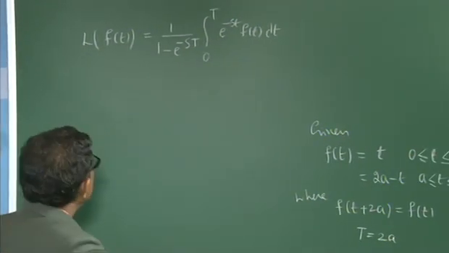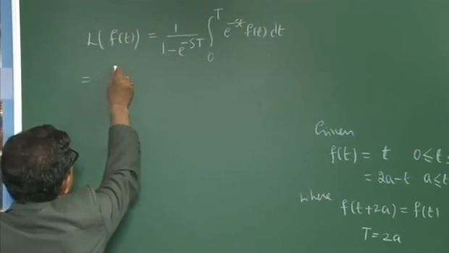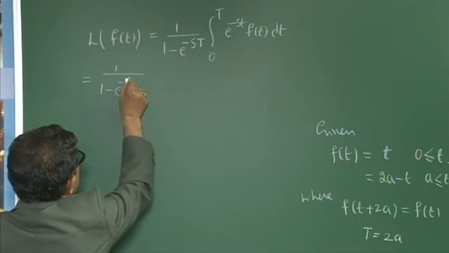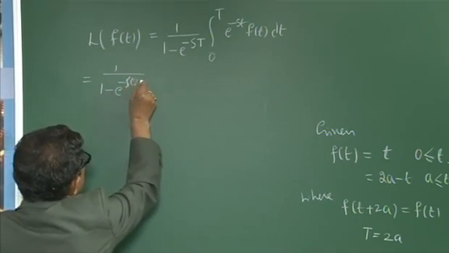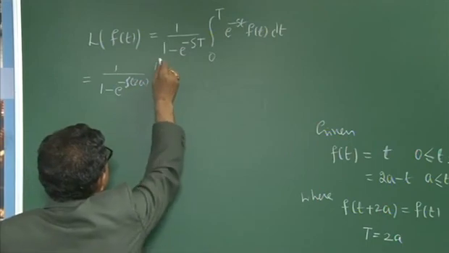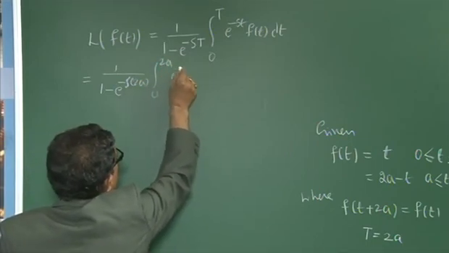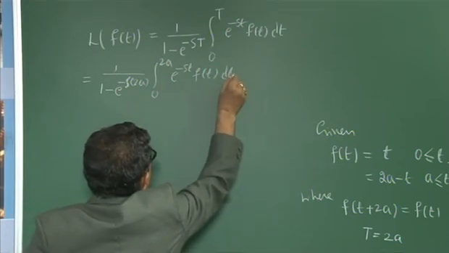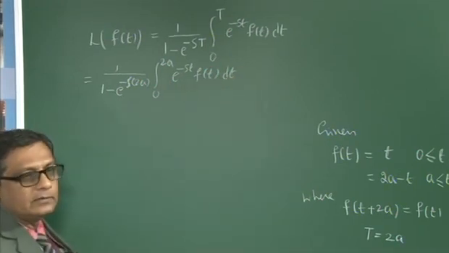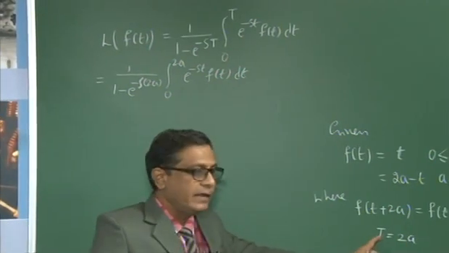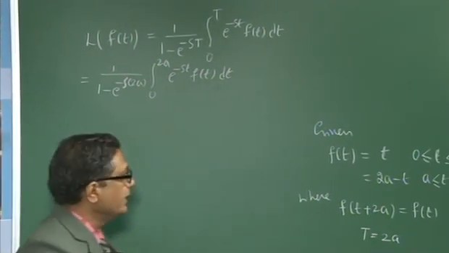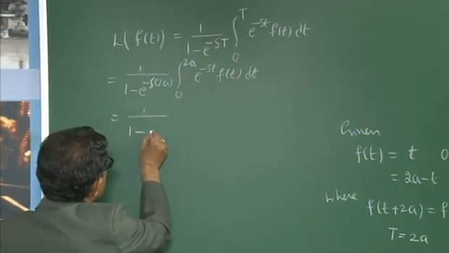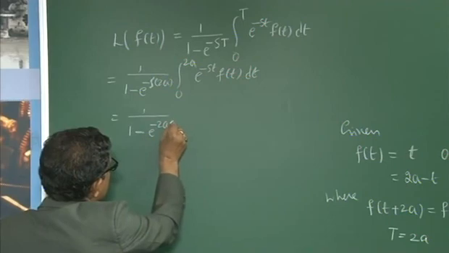Now first substitute the value of capital T. It is 1 minus e raised to minus s into 2a, integration 0 to 2a e raised to minus st f of t dt. You have substituted the value of capital T, period, as 2a. Now you split the interval: 1 minus e raised to minus 2as.